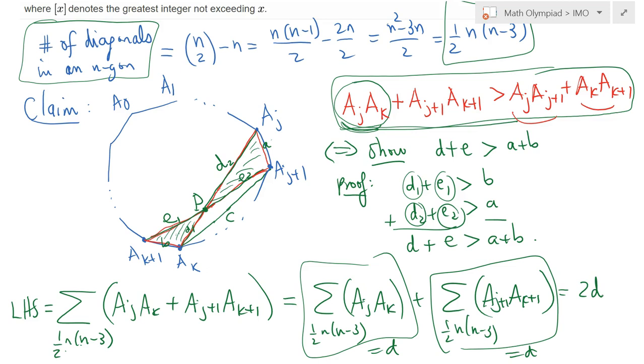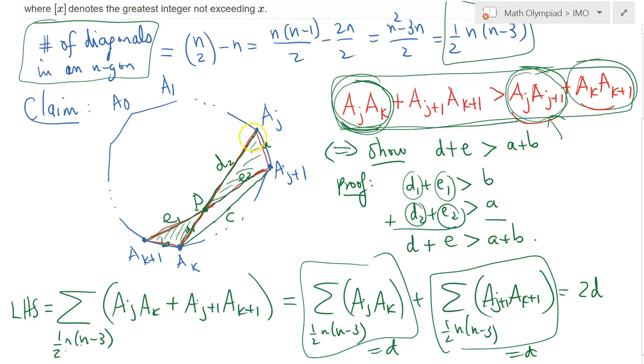What's going on on the right hand side? On the right hand side, instead, we have the side lengths. This is a side, this is a side. For each diagonal, each of these side lengths repeats, right? The way they will repeat is the following. Once you draw a diagonal like this, for instance AJAK, we will count this length once, right?